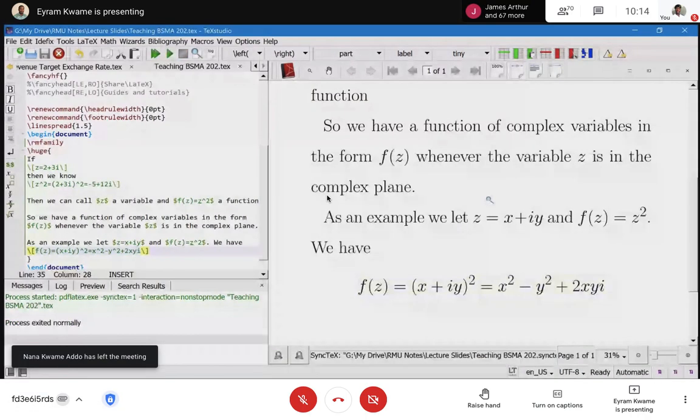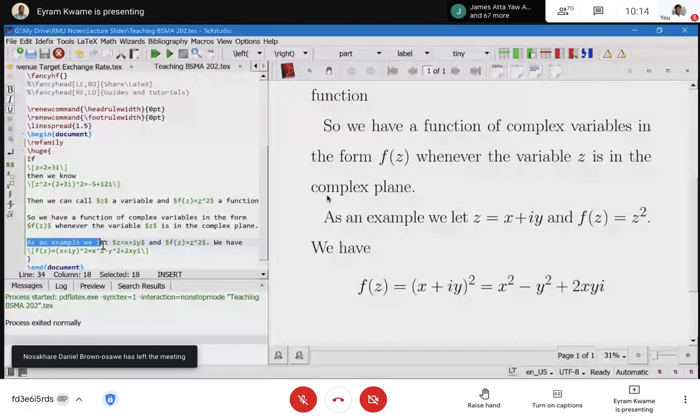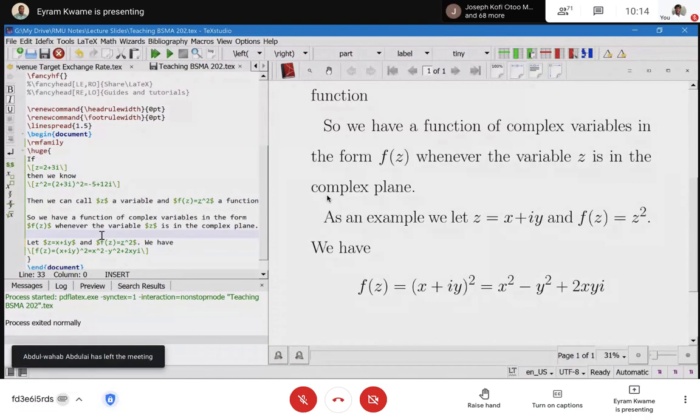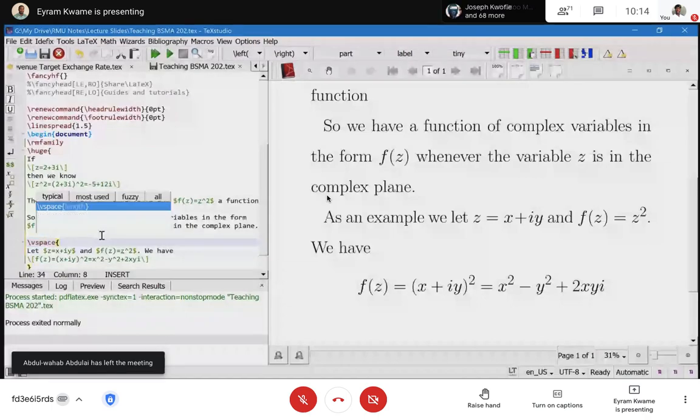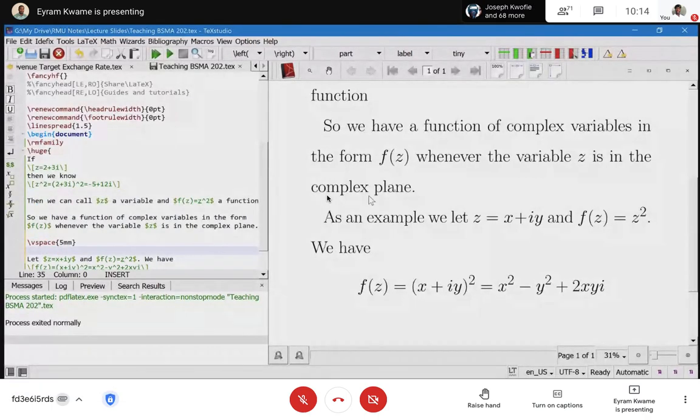If we let z be this, let me create a space.